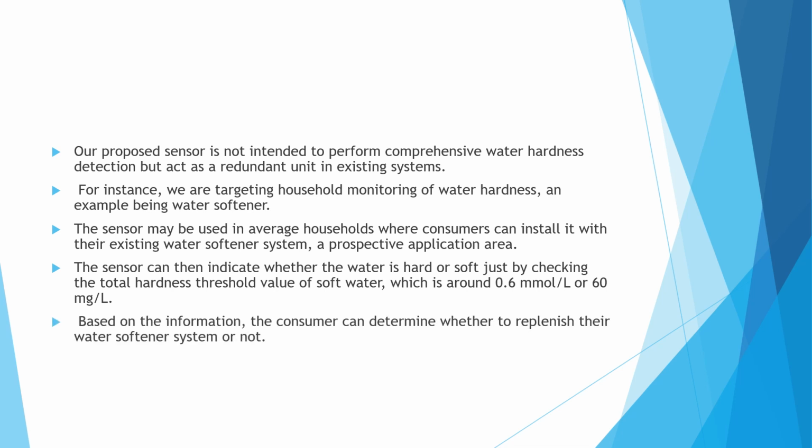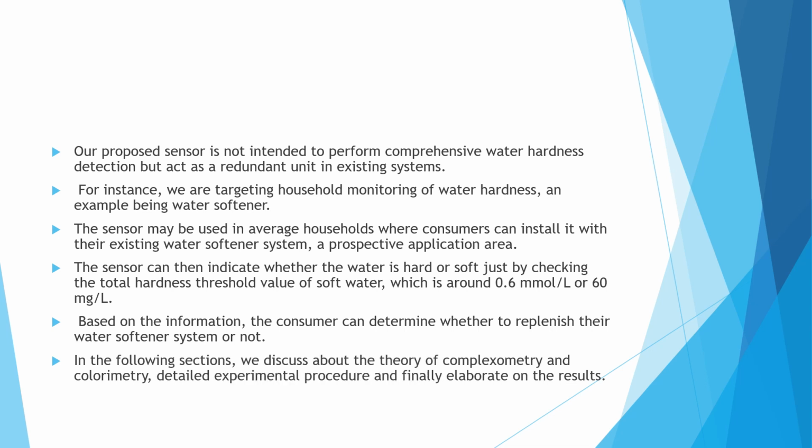Based on this information, the consumer can determine whether to replenish their water softener system or not. In the next slides, we'll discuss the theory of complexometry and colorimetry in detail, the experimental procedure, and finally elaborate on the results.